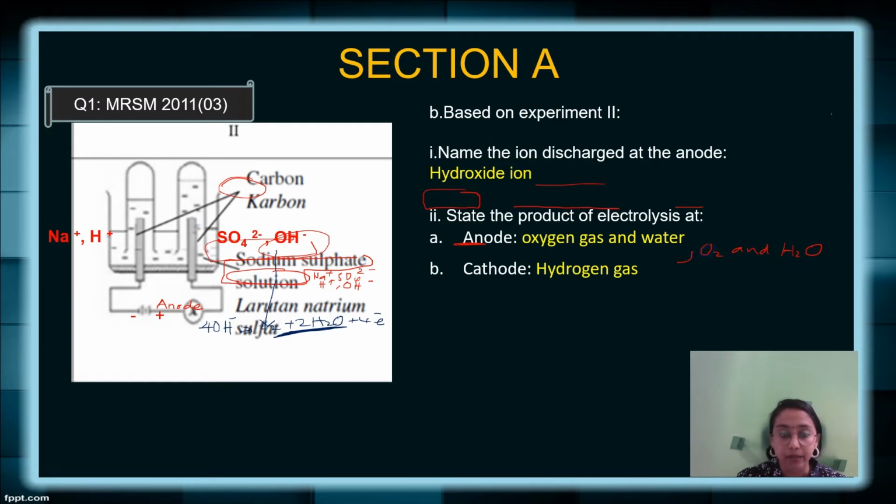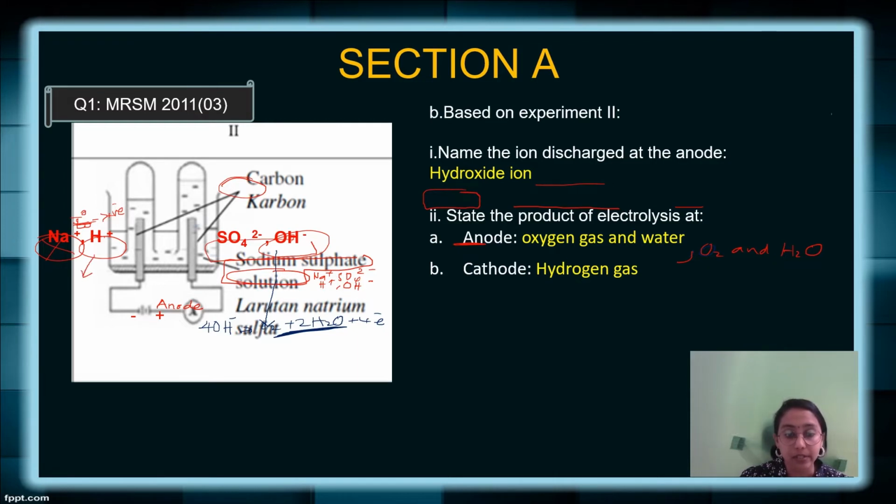Now how about the cathode? When it comes to the cathode, again we have sodium and hydrogen, and one will be discharged. The hydrogen ion is discharged again based on the E0 value, because it is more electropositive. So hence the hydrogen ions will be discharged.